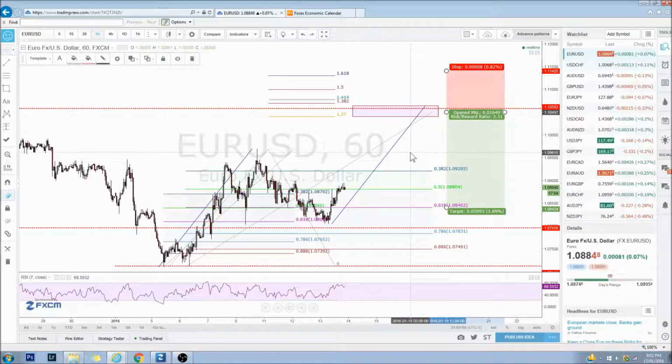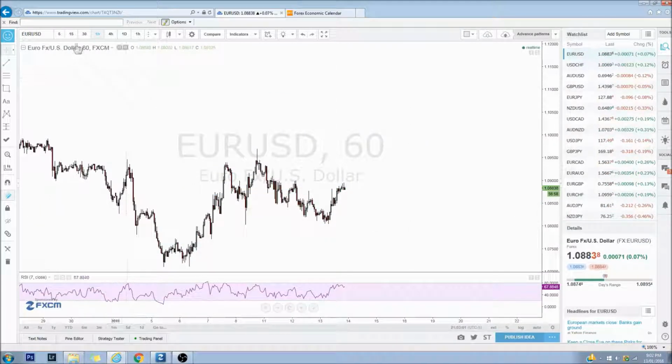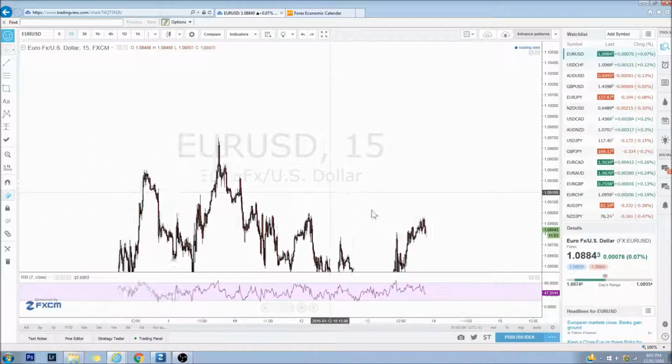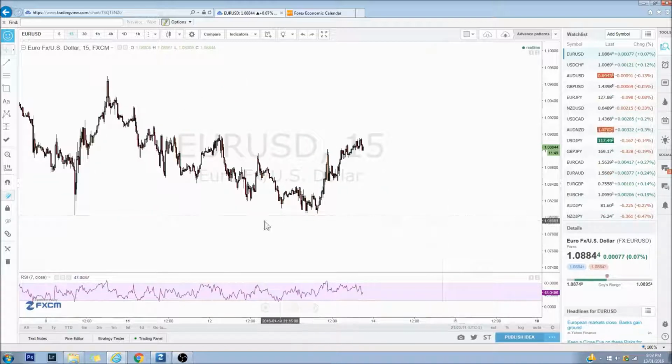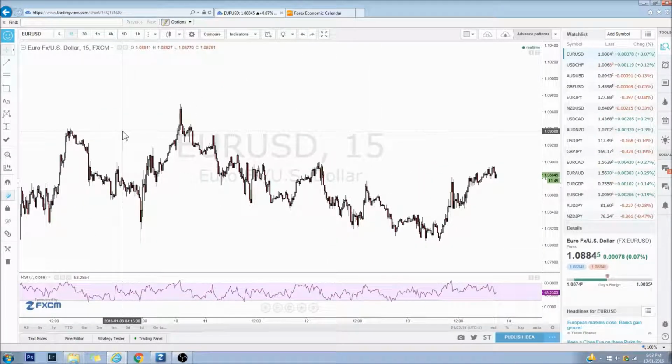Now, with that being said, we can also go down to a 15-minute chart, and we can see if there's anything on here, which we have a nice high over here, which is breaking structure.